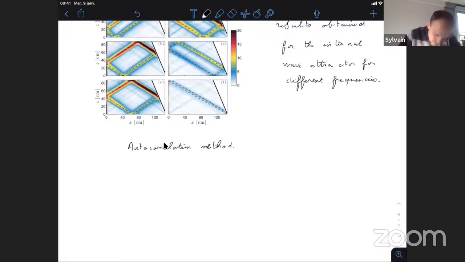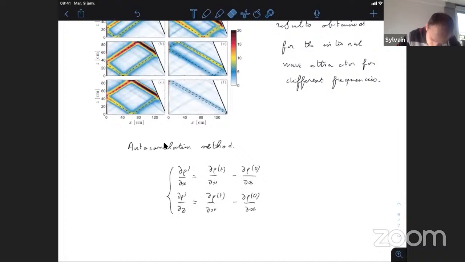And basically what you measure, to be more precise, it's 0 over dx at a time t minus. So to be careful in this realization, in experiments, what you want to do here, you start the experiments with no wave.